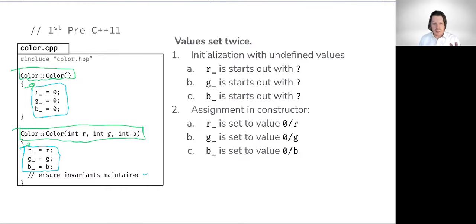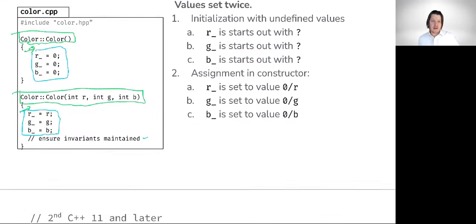So do not use the pre-C++11 means of writing these constructors. Ensure you are using the initializer list so that actual initialization is occurring, and not this two-step process where we're initialized with undefined values first, and then we make some sort of assignment to them.